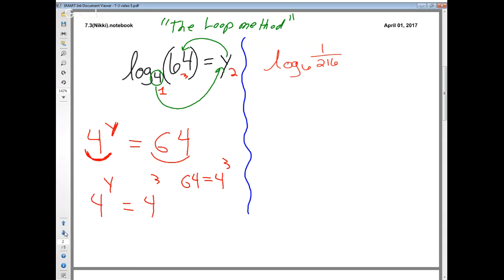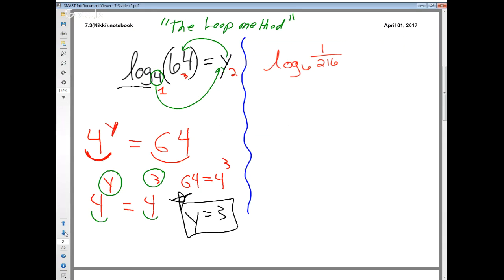And just like that, our bases are the same. And if the bases are the same, just go ahead and set your exponents equal. And there you have it: y is equal to 3. So using the methods that we've learned before, we took our log function, log base 4 of 64, and figured out that it is equal to 3.